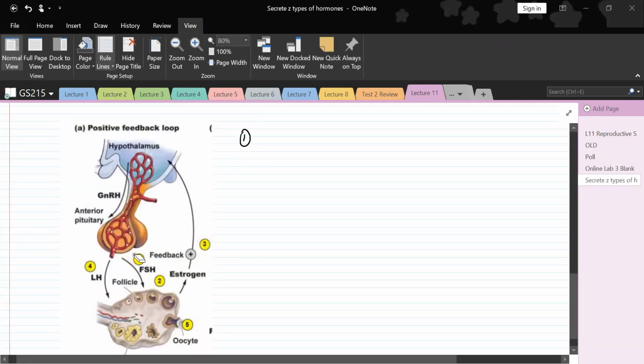So number one, this step here, right? The hypothalamus secretes GnRH, the gonadotropin releasing hormone. It's a permission that allows the anterior pituitary gland to secrete a hormone.